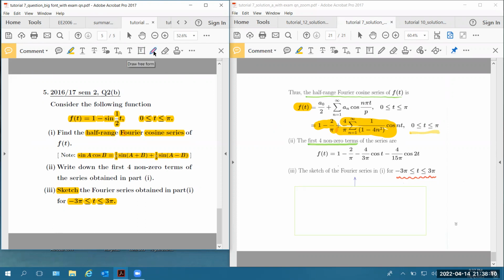All right. So if we go and sketch, let me go and sketch here. Okay. So this is my 0. And then this is my pi. Okay. How to sketch? So if you substitute 0, you will get 1. Okay. So I get a point here. You substitute t as pi.